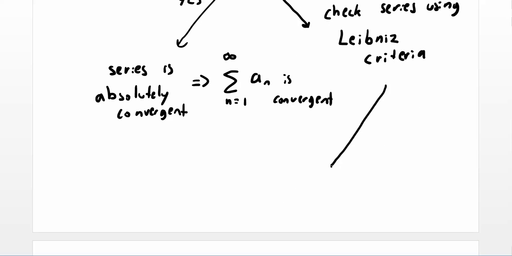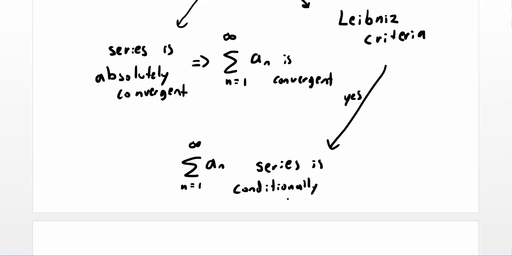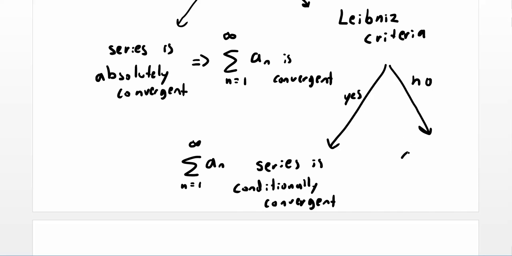If it satisfies this, then you say the series is conditionally convergent. If it does not, you say it diverges.